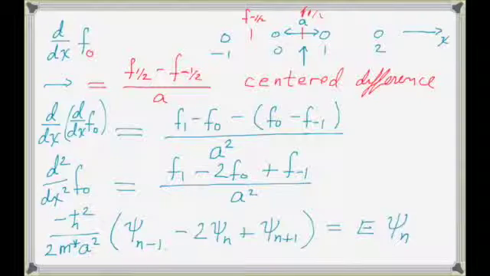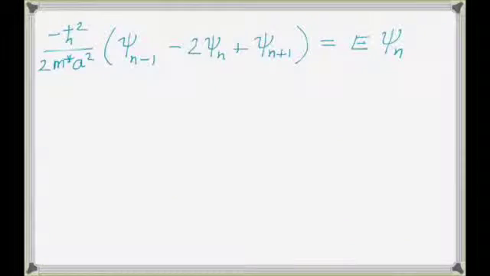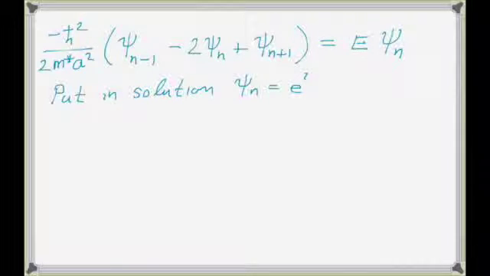And now we just put in the solution, just like we did for the tight binding one, that psi n is equal to e to the i k a n.